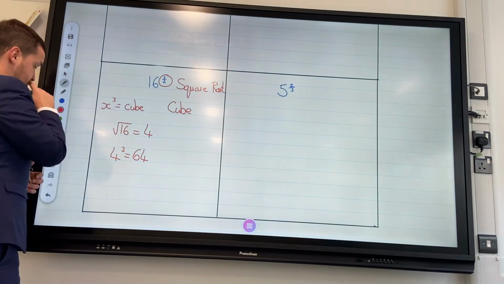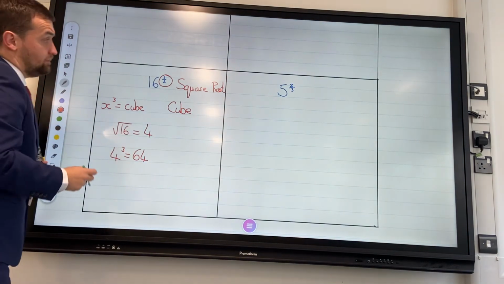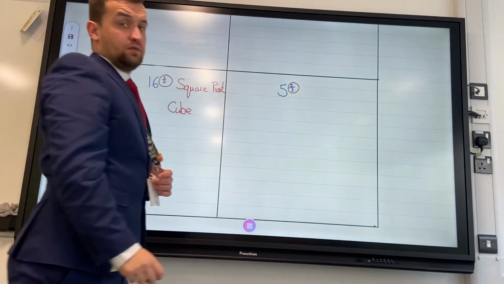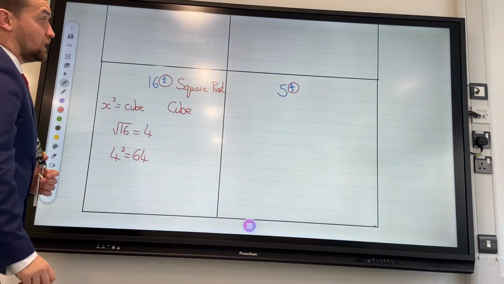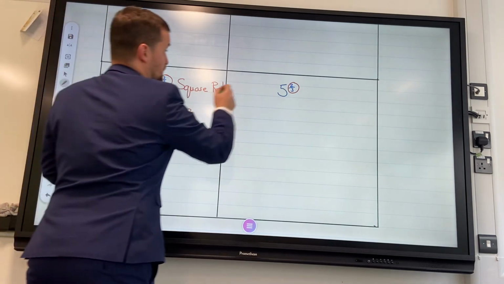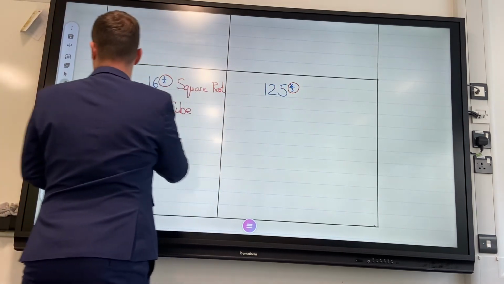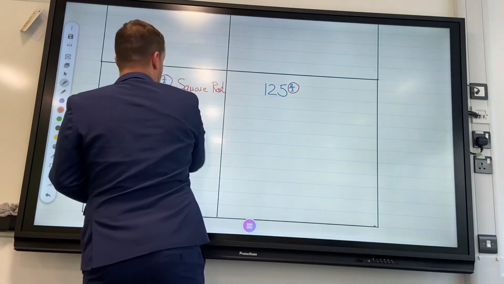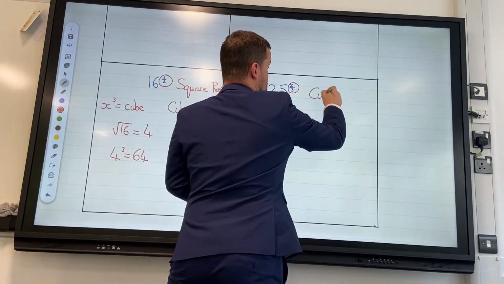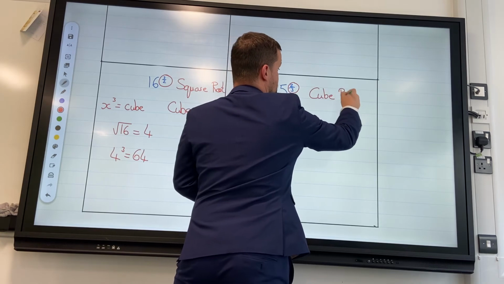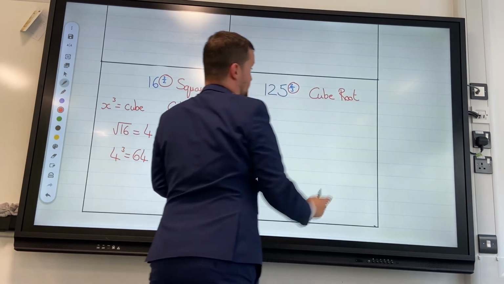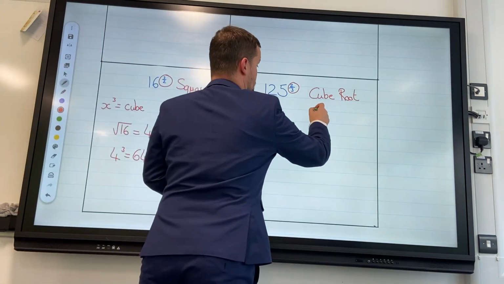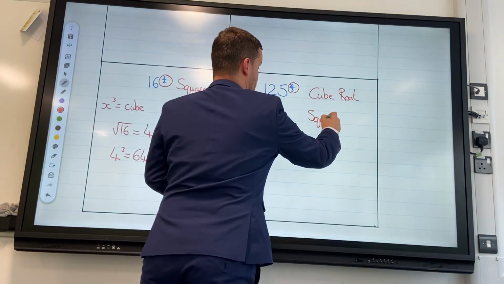So that's that one. If we look at the last one then, we've got 5 to the power of 2 over 3. Actually, that should be 125. Sorry, I do apologize. So what we're going to do here is cube root 125, and then square whatever our answer is from that.